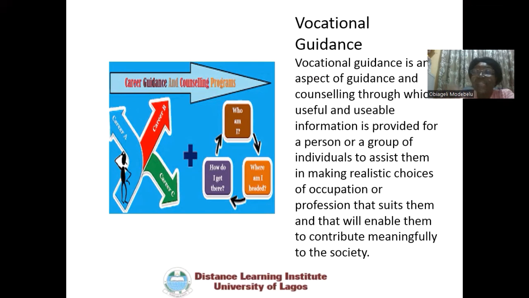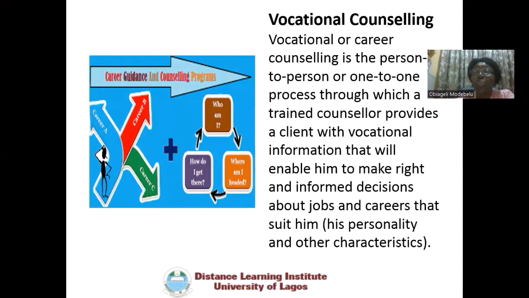So as a counselor, it is your duty to provide that guidance that will help this student to explore these 3 options of career A, career B, career C, and be able to come up with the career that suits him for who he is. Remember that question, who am I?